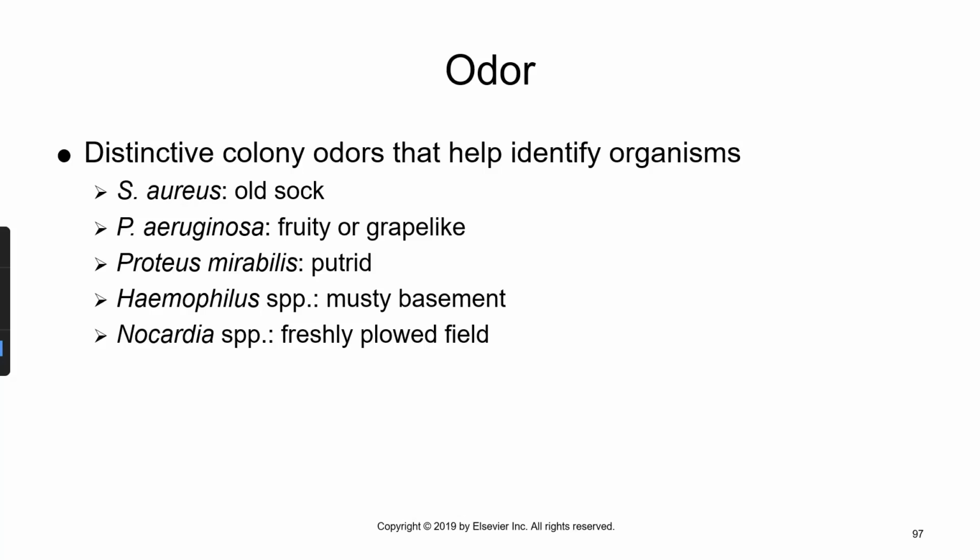Proteus mirabilis is putrid. It smells like death. Haemophilus smells like a musty basement, and Nocardia smells like a freshly plowed field. Different organisms take on different scents, but that is not necessarily a diagnostic note that we would put in a medical record.